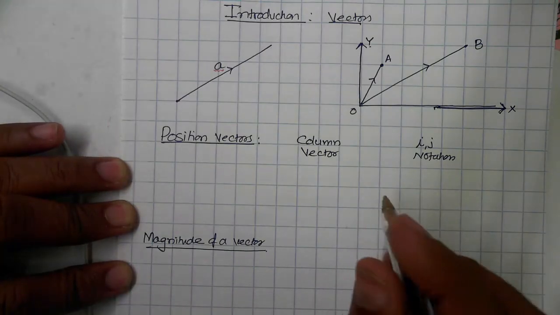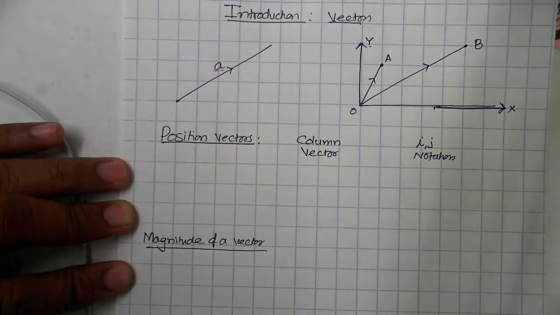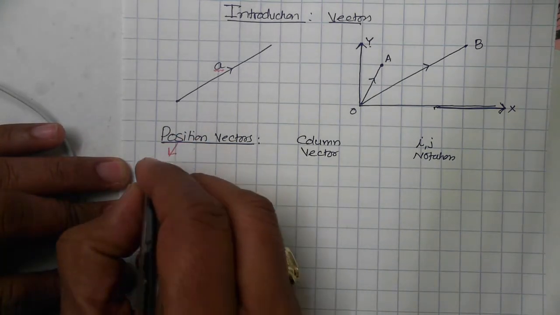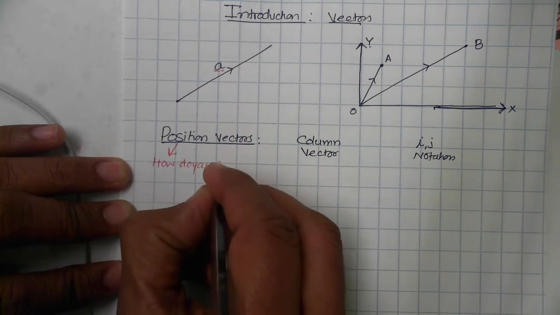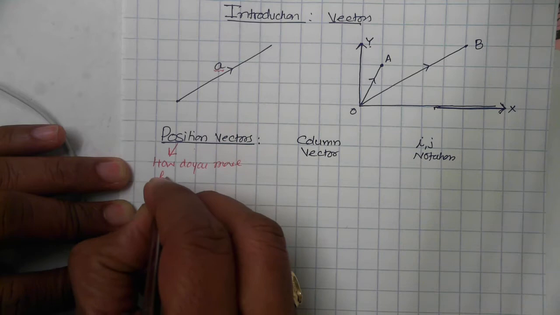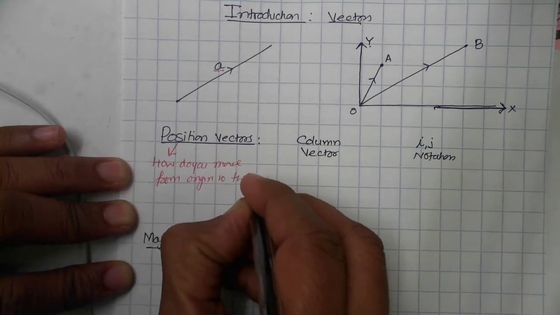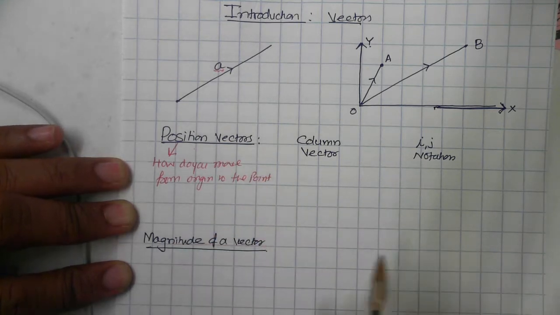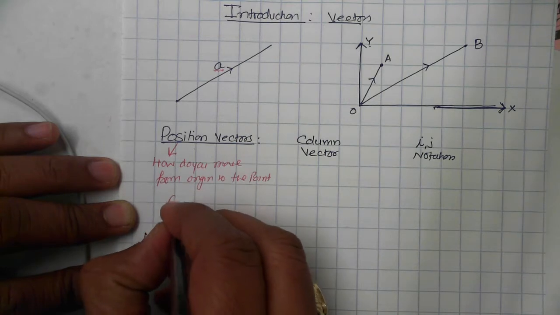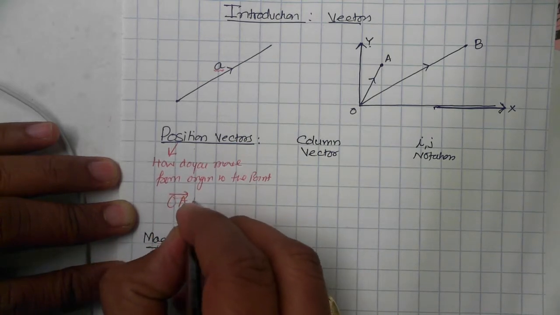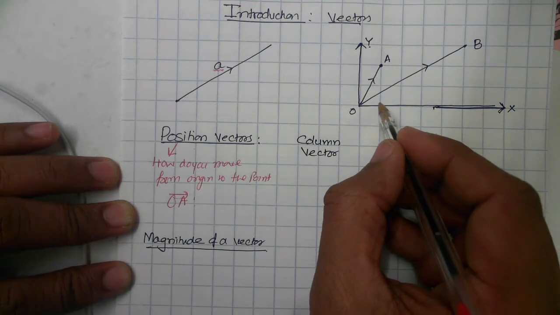Now, position vector is the first term which I would like you to know. This is how you move from the origin to the point you want to go to. In this diagram, the position vector of point A would be vector OA, and if you see, we move one step to the right and two steps up.